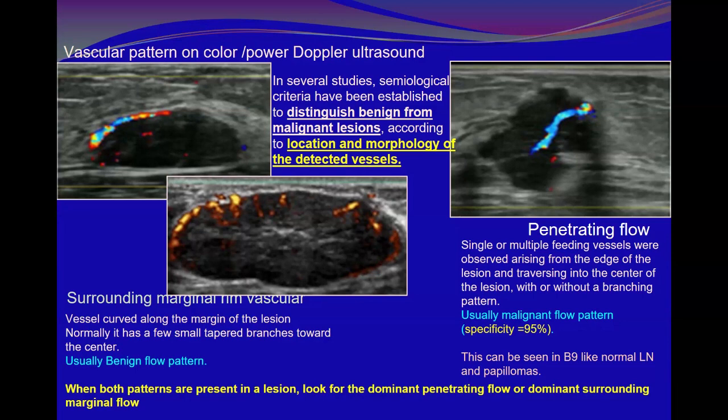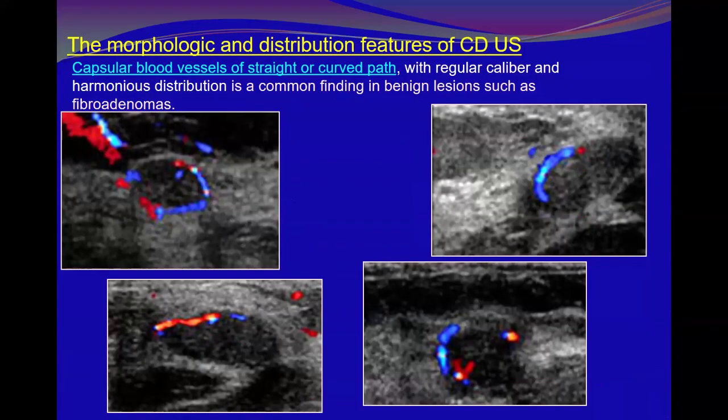Though it can be seen with benign lesions, because we still have 5%, and usually when seen with a benign lesion, it will be a papilloma. However, some patterns dominate for benign and some for malignancy, with some little overlap regarding the location and morphology of the detected vessels.